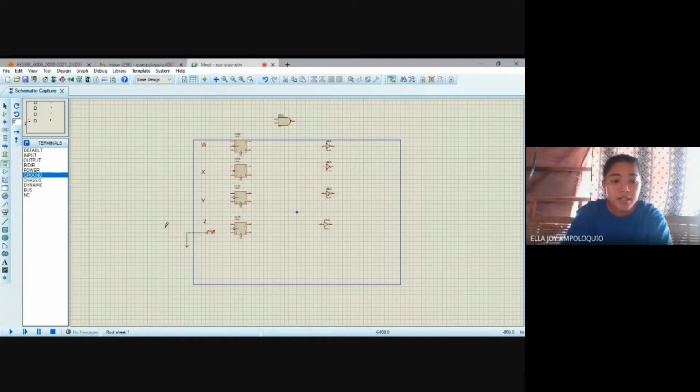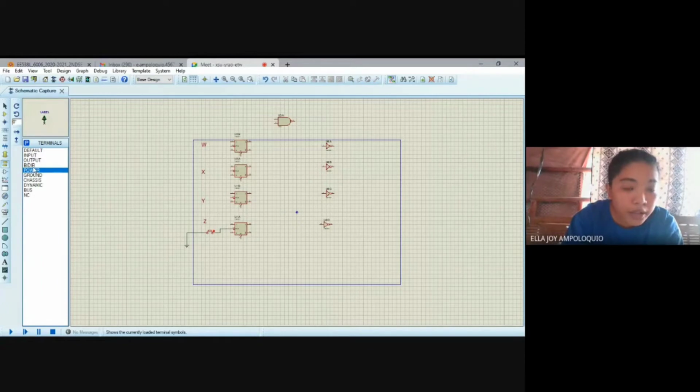Then I will connect this button to the center of this first flip-flop, to the Z. Then this one I will connect to the power that will be used. So I will put it here, and connect this to the power here.